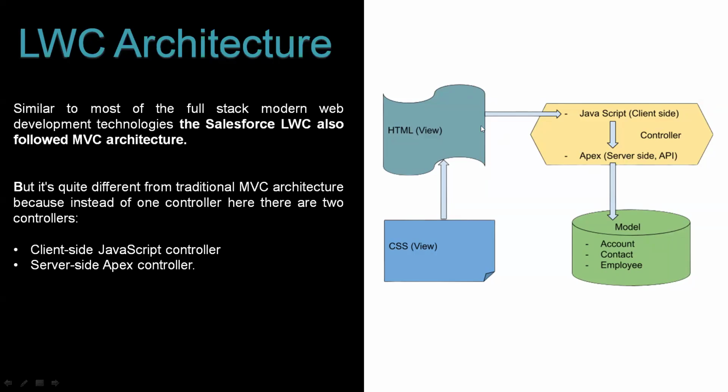It gives the complete page using the client side. For example, if you perform DML operations like insert, update, or delete on the database, you depend on the server side call using Apex. Whenever you make an Apex call, it hits the database.